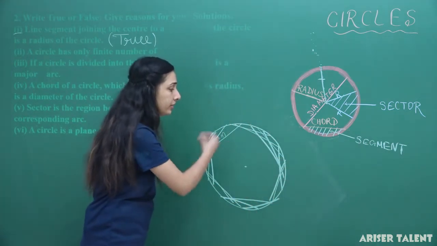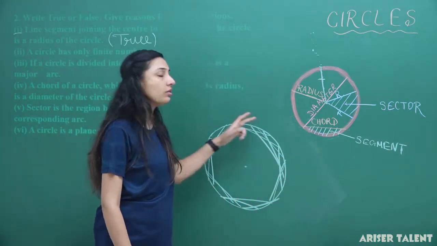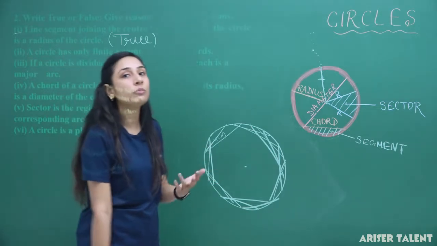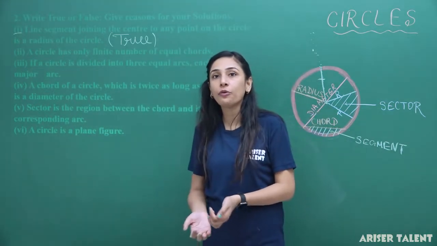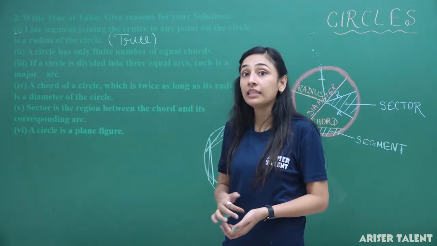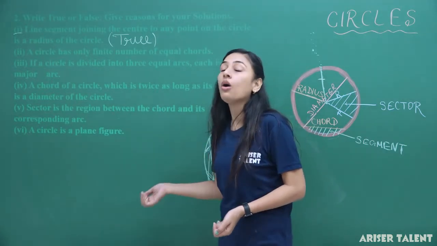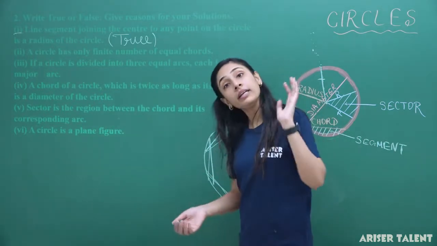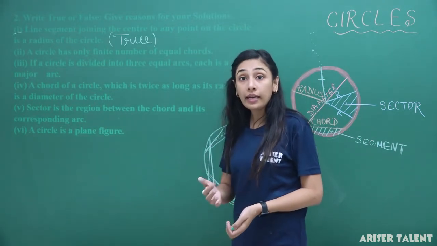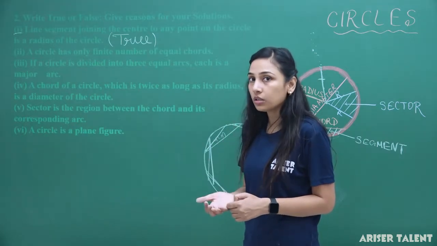And how many points do you have on the circle? Infinite number of points. Infinite number of points joining infinite number of points, making infinite number of lines, and these line segments are what? Chords. So basically I can draw an infinite number of chords and an infinite number of equal chords.